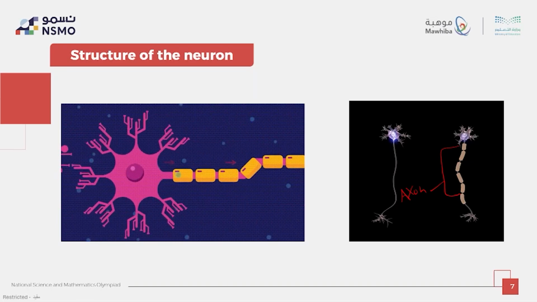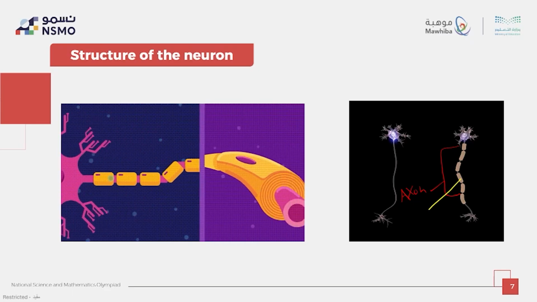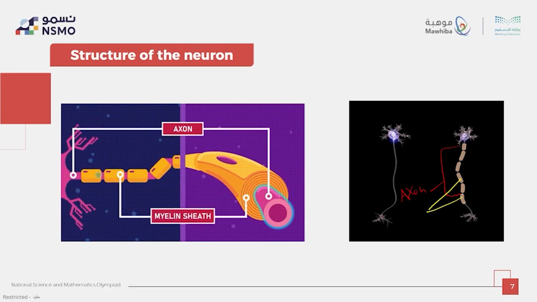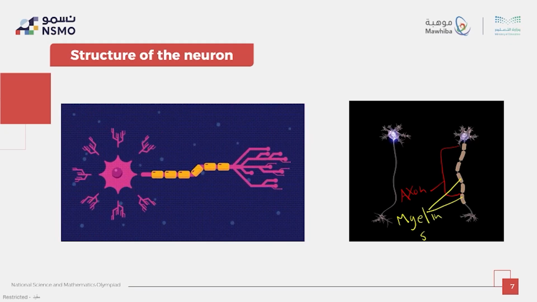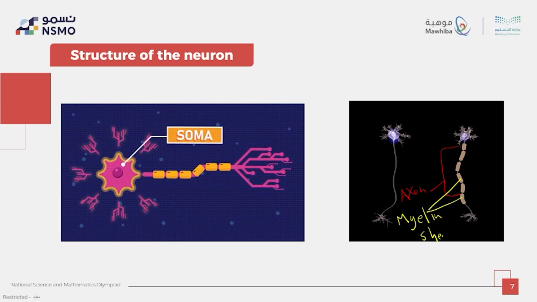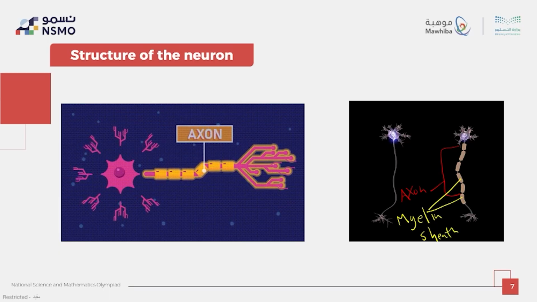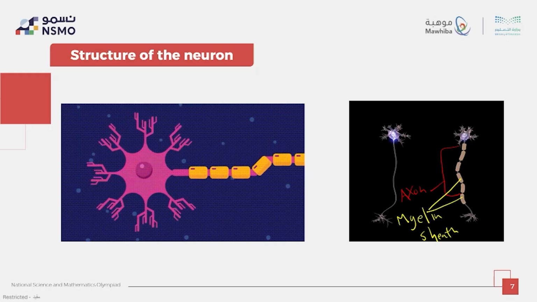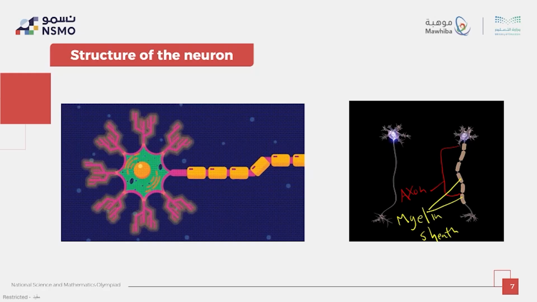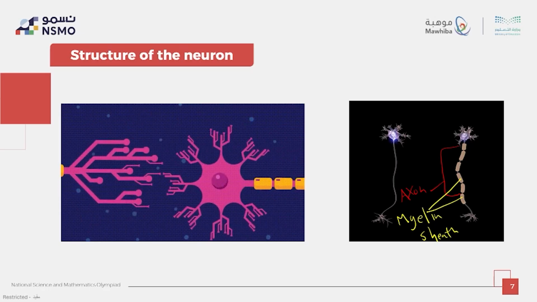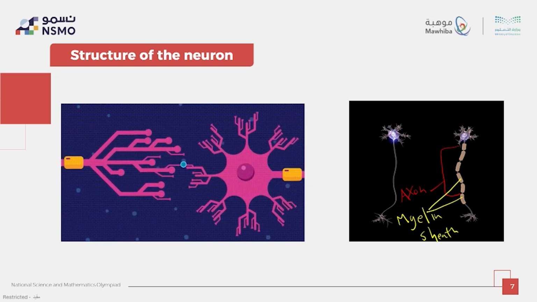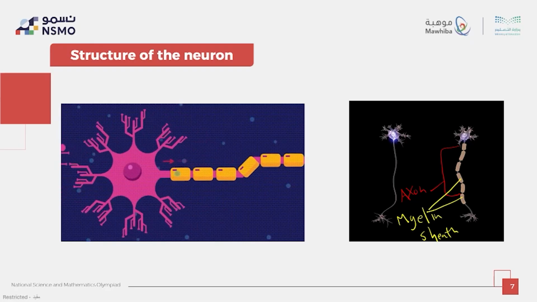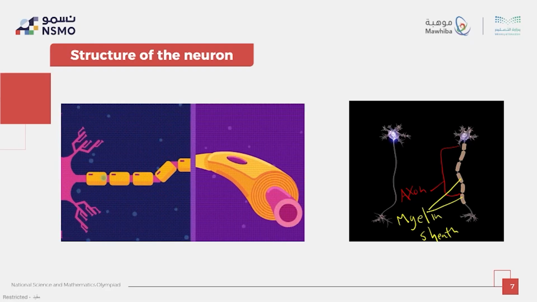Let's talk about the second thing that we have: the myelin sheath. The myelin sheath acts as an insulating layer around the axon. It's similar to plastic covering electrical wires, and its main function is to dramatically increase the speed of signal transmission.